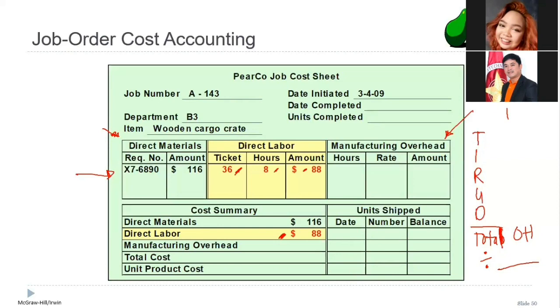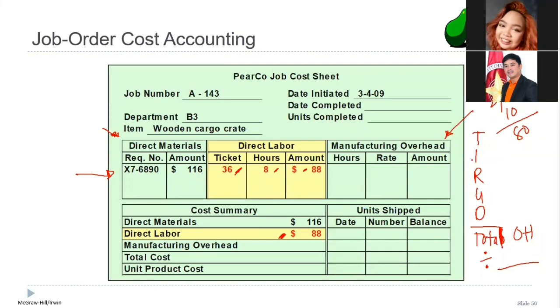For example, we have an overhead rate of 8 pesos per direct labor hour. How many direct labor hours did we work for this particular job? 10 hours. So we put 80 in overhead. So it really depends on the company if they are using an actual or normal costing system. But generally, companies use the normal costing system, or some companies use the standard costing system.